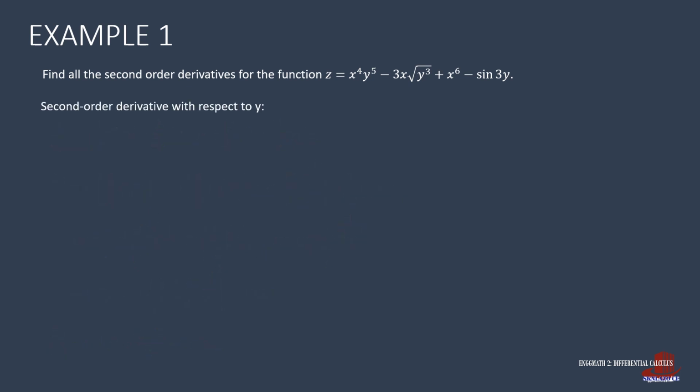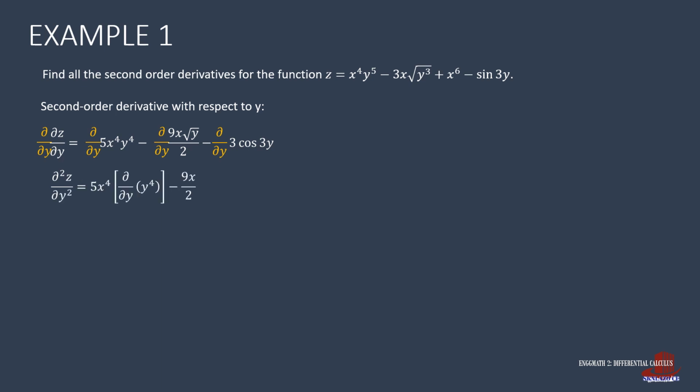With the first partial derivative already determined, we move to the second order derivative with respect to y. In here, we get 5x raised to 4 multiplied by the derivative of y raised to 4 minus 9x over 2 times the derivative of y raised to 1 half, and subtract again 3 times the derivative of cosine of 3y.